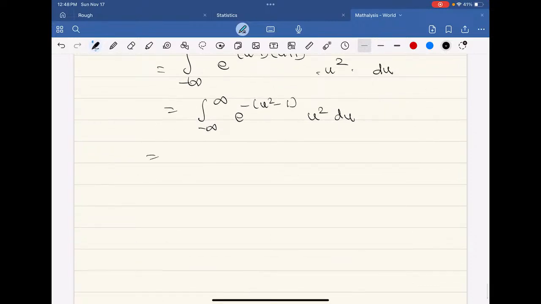Now this will be e to the power plus 1 comes out, minus infinity to infinity e to the power minus u square times u square du, right? Now if I make a substitution again, now what substitution do I make?